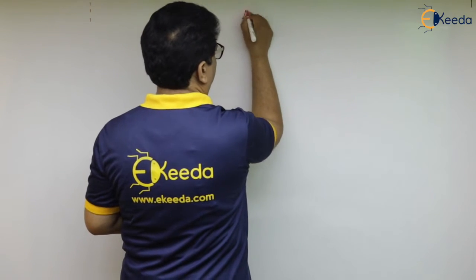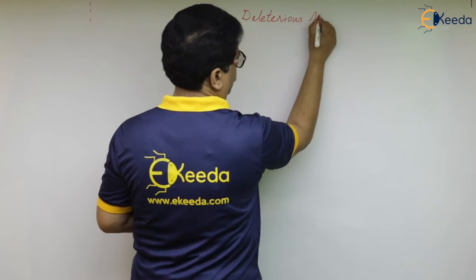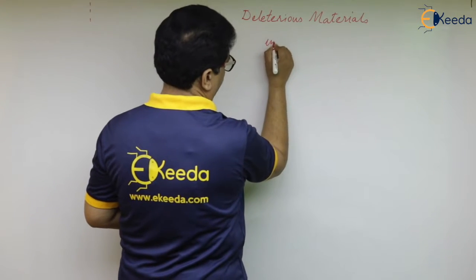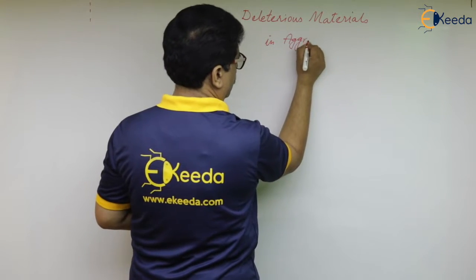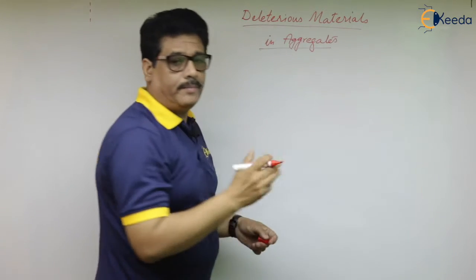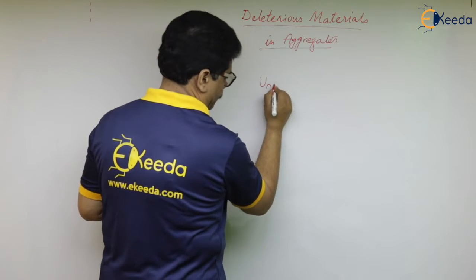Let us see what are called deleterious materials in aggregates. This is easy to remember. What is the meaning of deleterious? Unwanted.